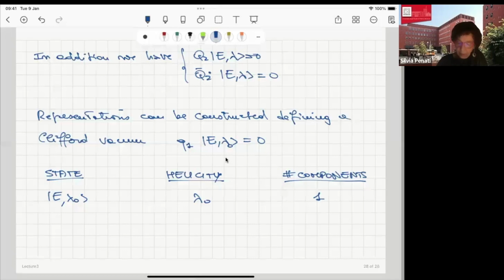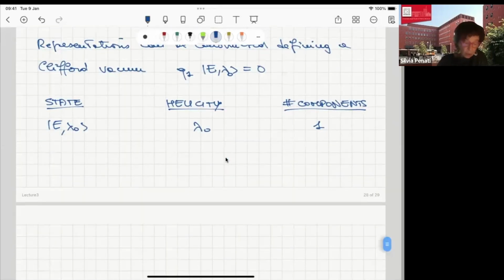There is nothing more than that. Now what I can do is act with the Q bar 1 dot on the state with lambda 0. Remember, I have just shown you that the action of Q bar increases the helicity by 1/2, and the number of components is still 1.